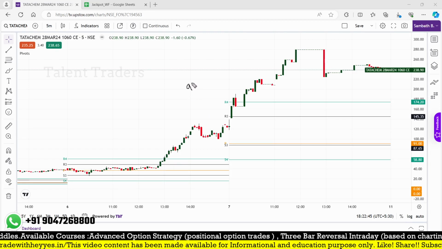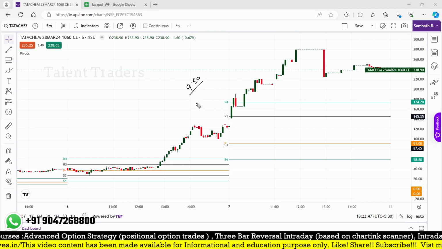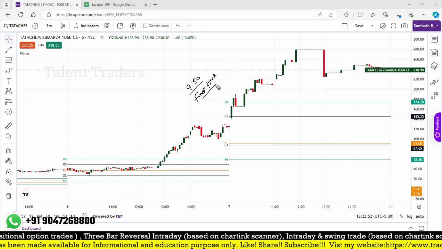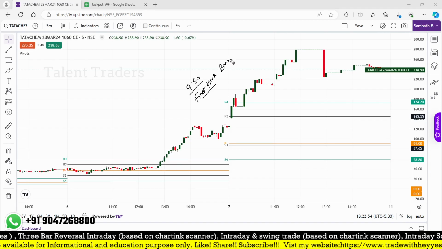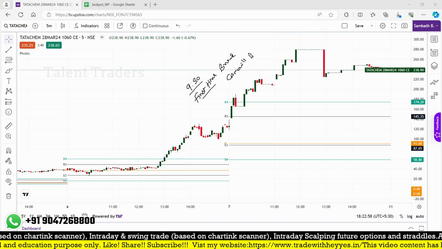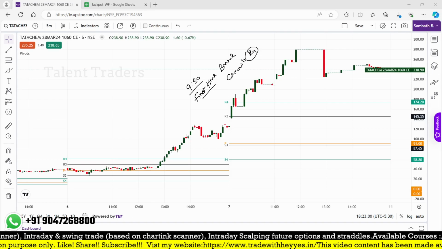After 9:30, that would be the first-time breakout. We consider only the first-time breakout on the Camarilla R4 level as a fresh breakout.